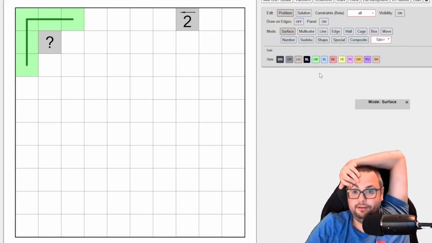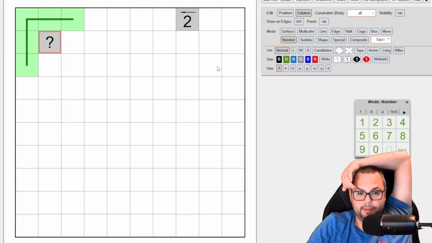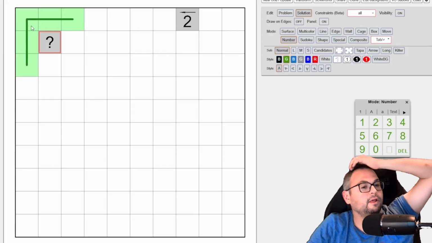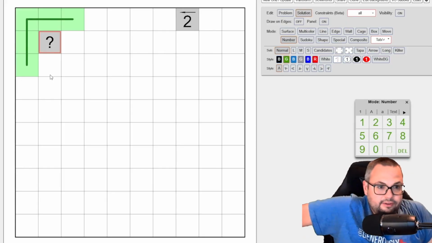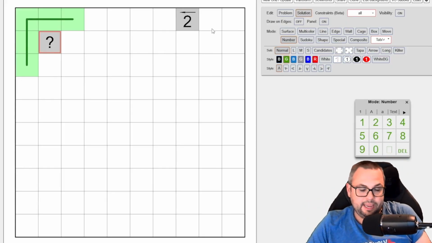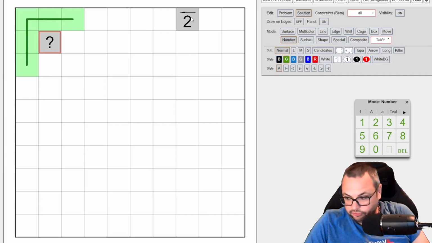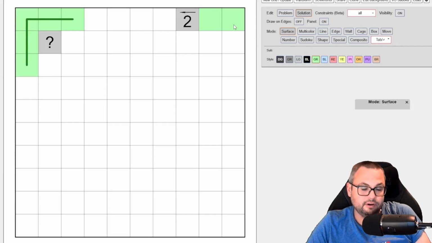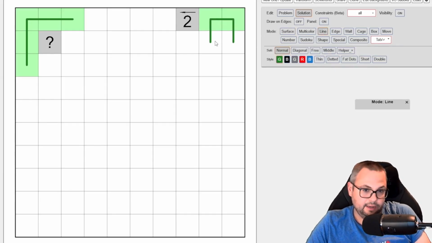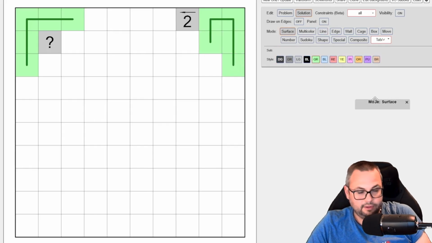Now, there's a couple things here that are automatic. One of them is the same logic that around this corner I couldn't have any shaded cells is also going to tell me I can't shade either of these cells, because if I do shade either of these cells, it's going to create a dead end. So immediately these aren't shaded, and so I know what the line through them looks like. And I can't create a mini loop, so I actually get all of this like that.